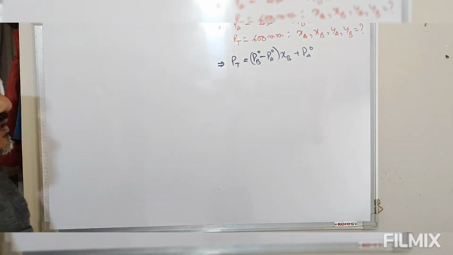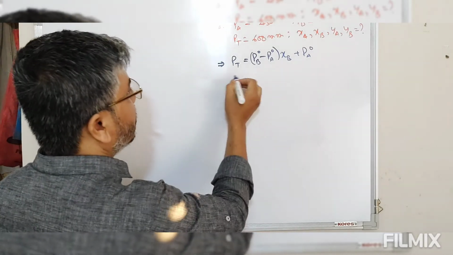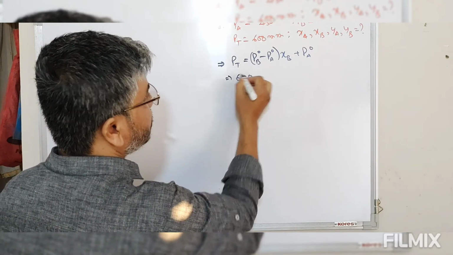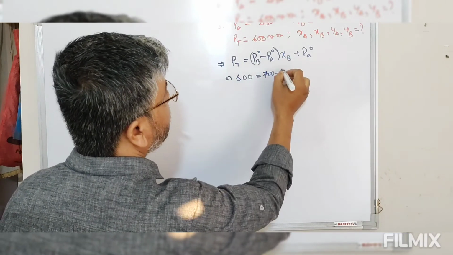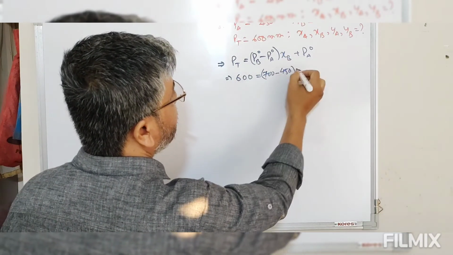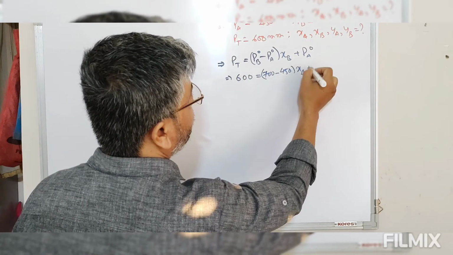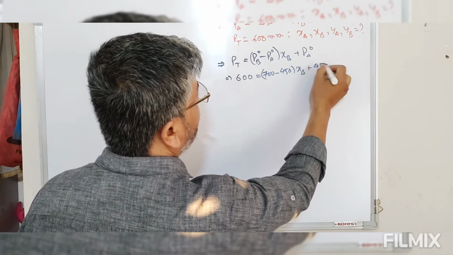This is the total pressure expressed in terms of mole fraction of B. So total pressure is given as 600, PB naught is 700, PA naught is 450, into mole fraction of B, plus PA naught, which is 450.